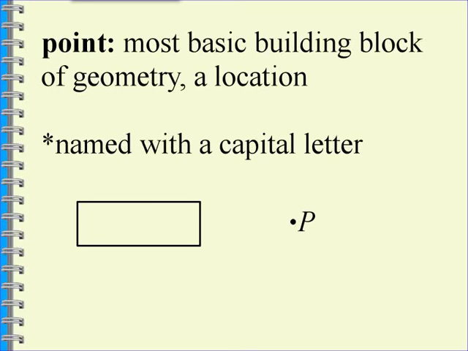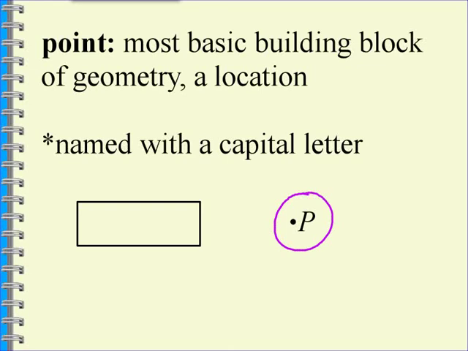So how would I name this, or what would I say that this is? How would I describe this picture right here? What would I say? What is that? Yeah, but what would this whole picture be? Keep going. Point what?